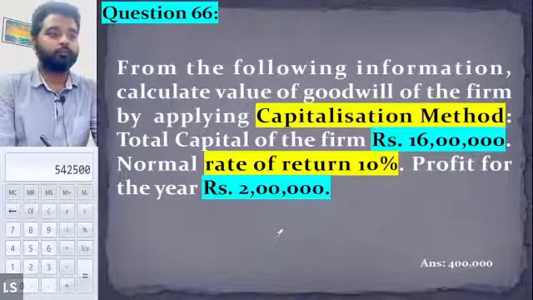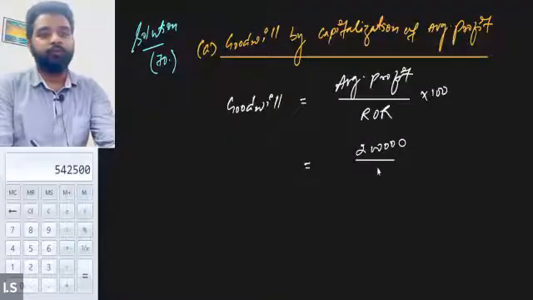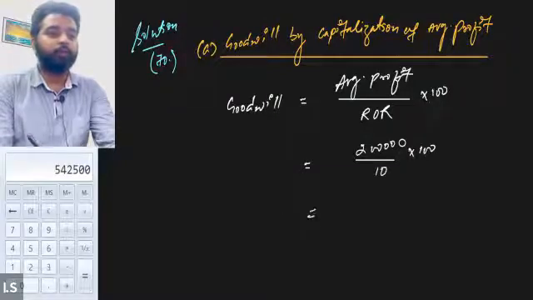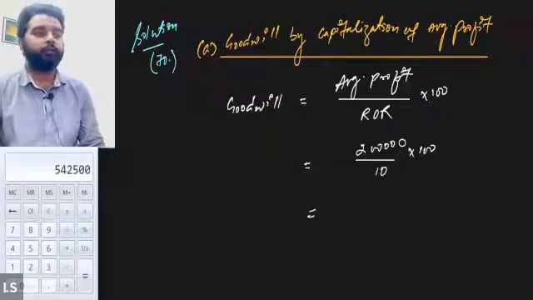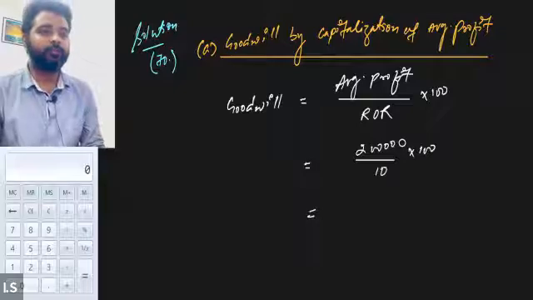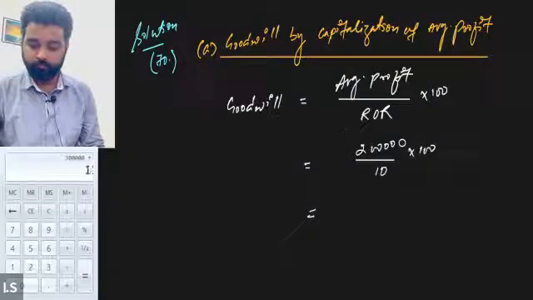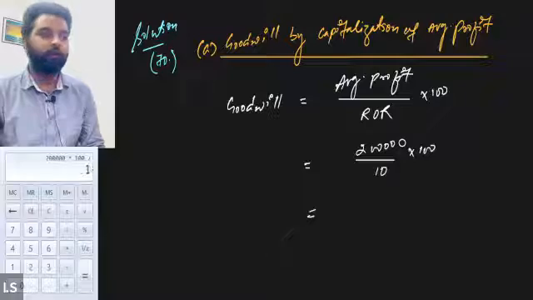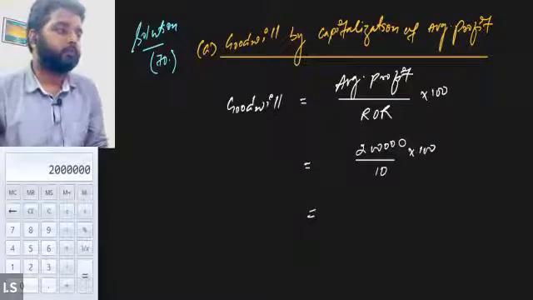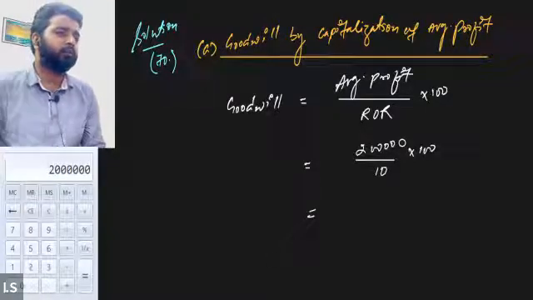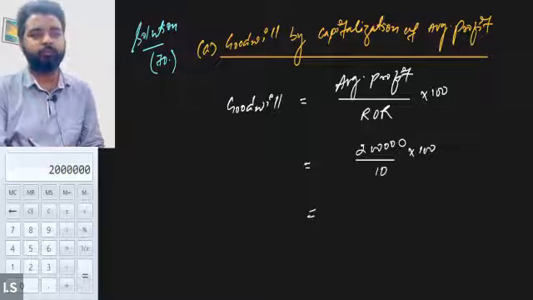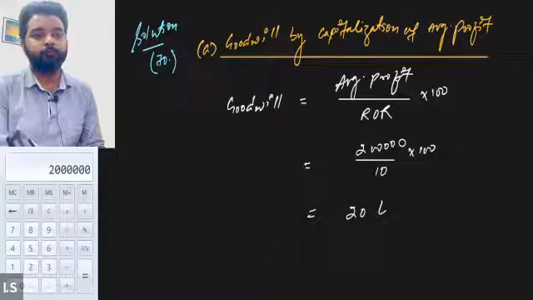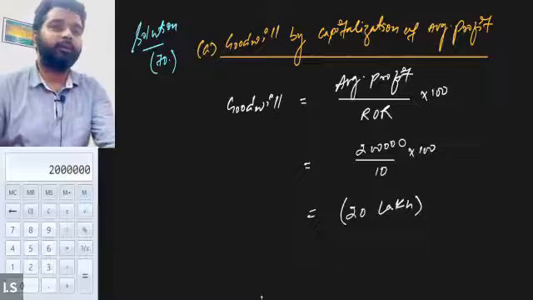So we will simply write 10 here and multiply with 100. 2 lakh into 100 divided by 10, it is 20 lakh. Okay, sorry, 20 lakh. This is the value of the goodwill by the capitalization of average profit method.